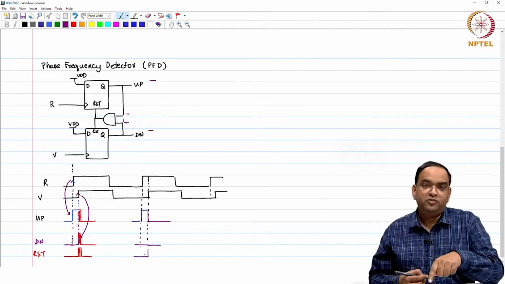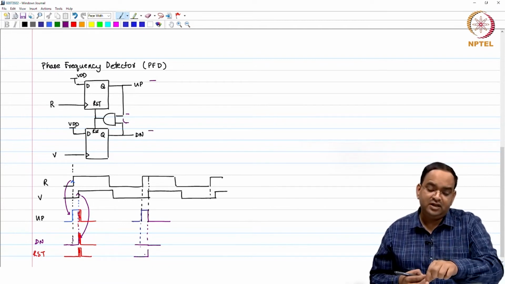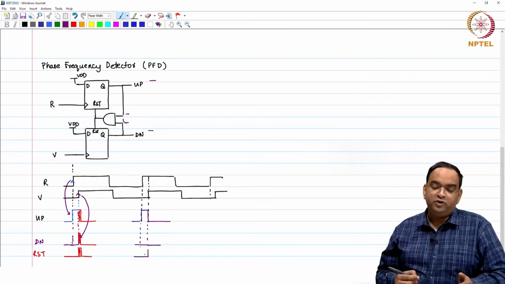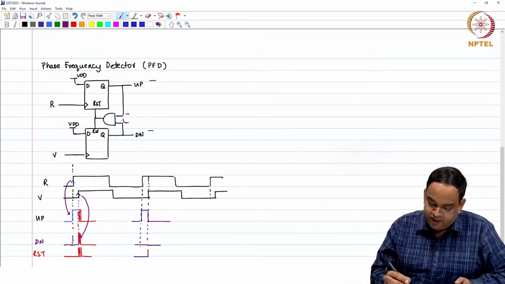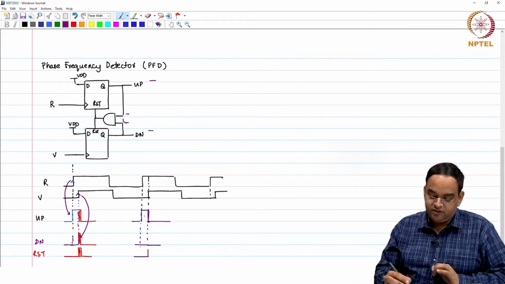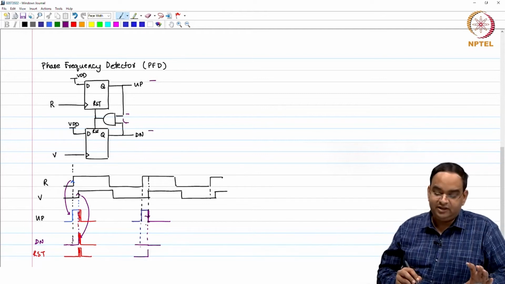So, up and down will both make reset go high, and the reset signal will reset the outputs of the two D flip-flops. So, actually your up will come down. Okay. So, everything happens at the same instant.